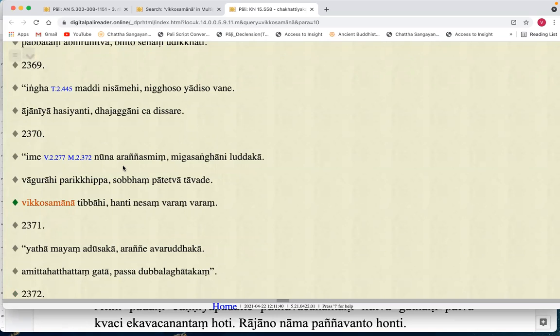So ime nuna arinya same. Mika Sangani Lodaka. Okay, Lodaka. Wagu rahi. Barikepa. Subban badidawa. We go samana debanhi.